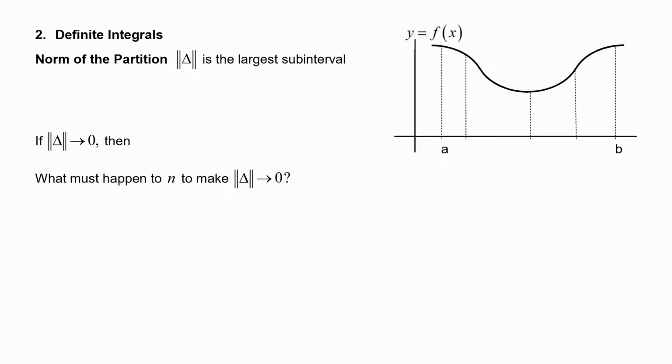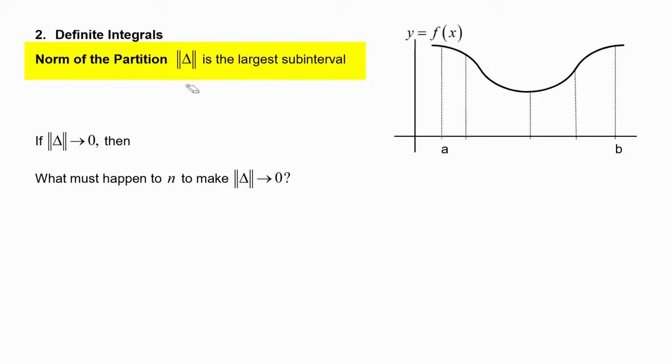So this brings us to the concept of definite integrals. Let's use this diagram to help us understand. We have y equals f of x is this curve, and then with a Riemann sum we can have subintervals that have different widths. Now there's something called the norm of the partition, and it's denoted with what looks like double absolute value symbols with a capital delta inside there.